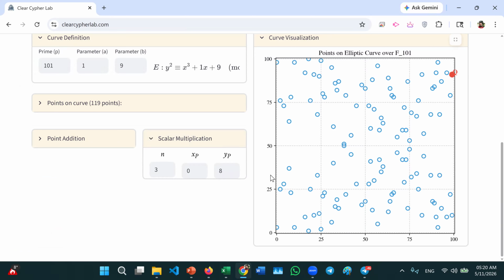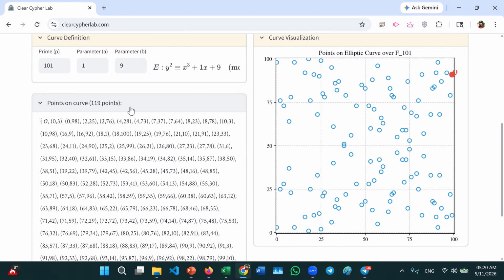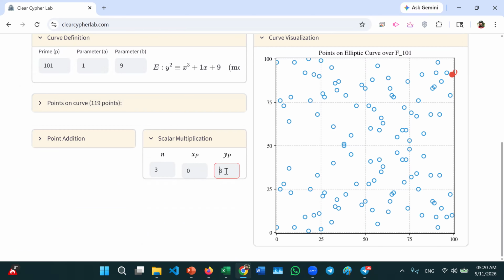For instance, you want to enter a point like 0 and 3. If you put 0 and 3, 3 times this point equals 66 and 23. Again, this means adding the point 0 and 3 to itself 3 times. You can compute the values using the formula, or you can use this tool to see the results in the figure.